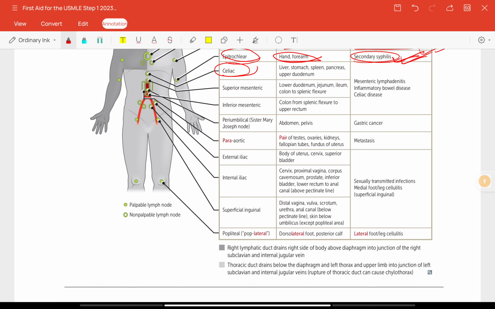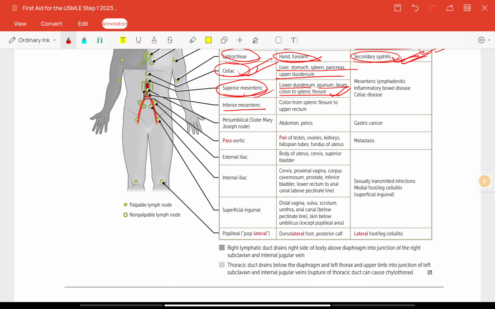Similarly, for celiac lymph nodes, liver, stomach, spleen, pancreas, and upper duodenum. For superior mesenteric lymph node, the drainage is from lower duodenum, jejunum, ileum, colon to splenic flexure.